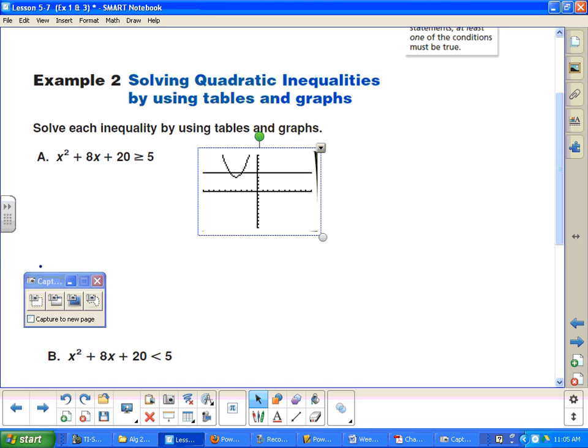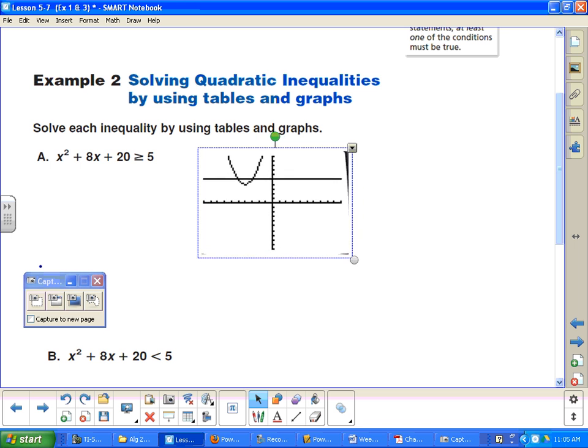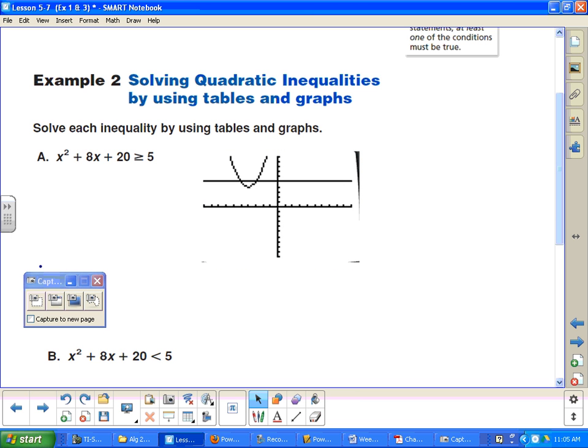So when I look at the graph here, greater than or equal to 5 is which part of the graph of the parabola? Is it above that line at 5 or is it below the line? Okay, it's above the line because it says greater than or equal to. So our answer is going to be all the x values for where that is true.